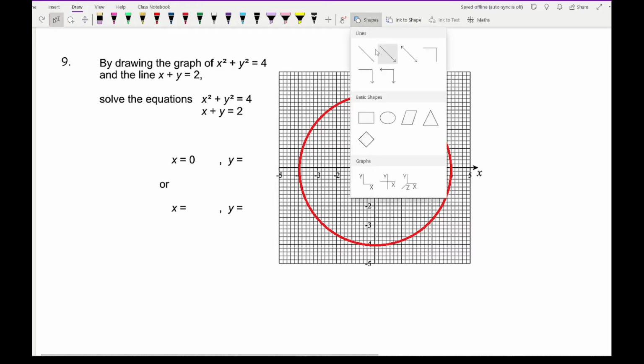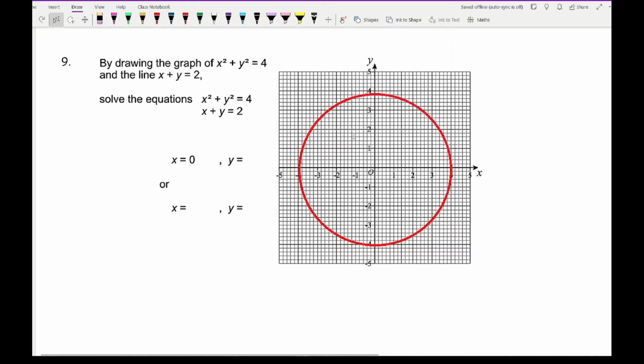The next thing for me to do is draw the straight line x plus y equals 2. Here again I would typically use a table of values, but generally when x is 2, y is 0, and when x is 0, y is going to equal 2. So it should look something like this.